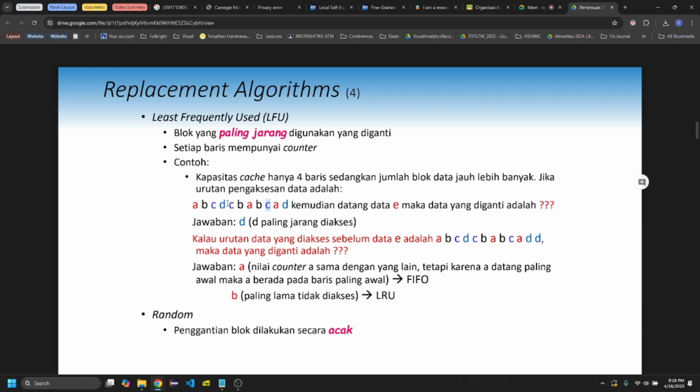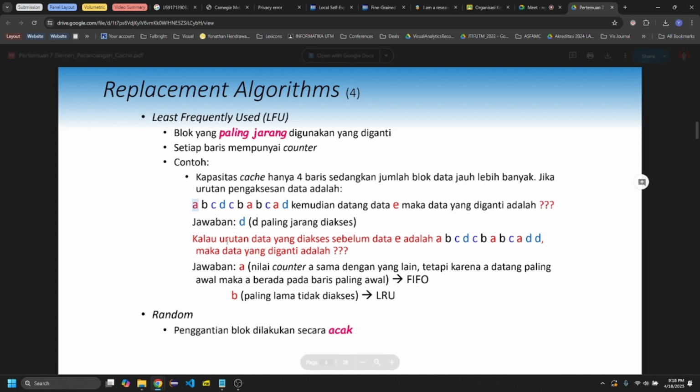C, 1, 2, 3. B, 1, 2, 3. A, 1, 2, 3. So A, B, and C were accessed 3 times, and D was accessed twice. That means D is the least frequently used in this case. Because it is least frequently used, D is being replaced.